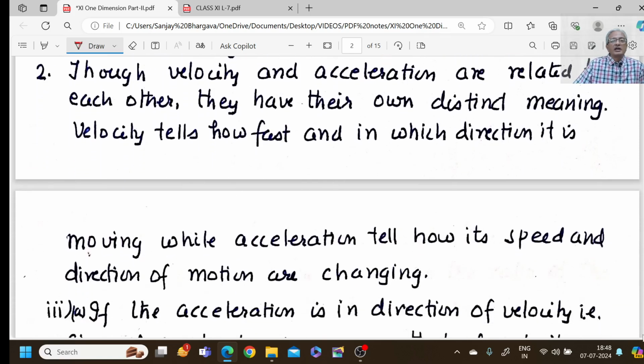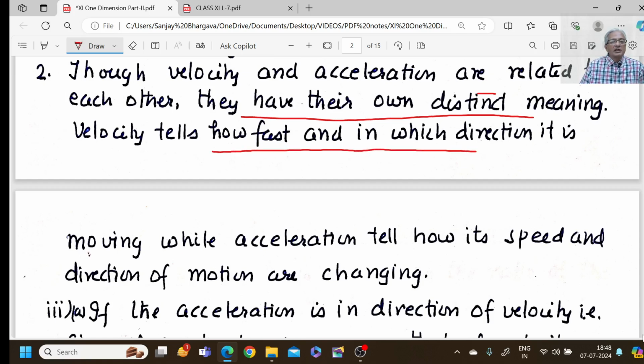Though velocity and acceleration are related to each other, they have their own distinct meaning. Velocity tells us how fast and in what direction the object is moving, while acceleration tells us how its speed and direction of motion are changing. So what is the information provided by the velocity?